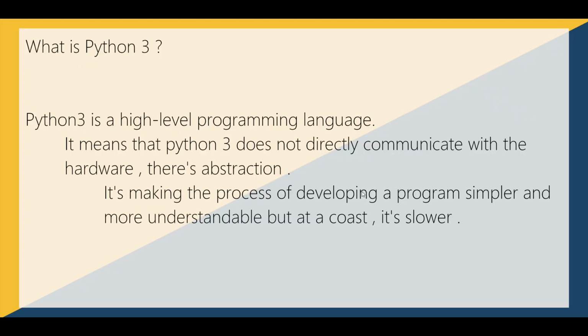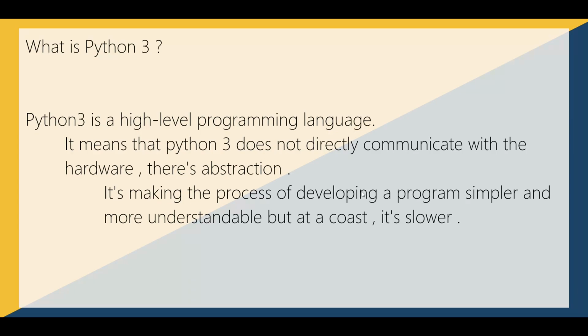So what is Python 3? Python 3 is a high-level programming language. It means that Python 3 does not directly communicate with the hardware. There is an abstraction, okay? There are some layers in order for the language to proceed with what it's going to do.